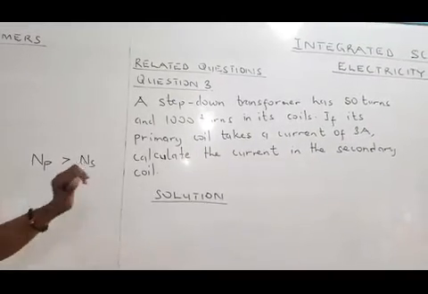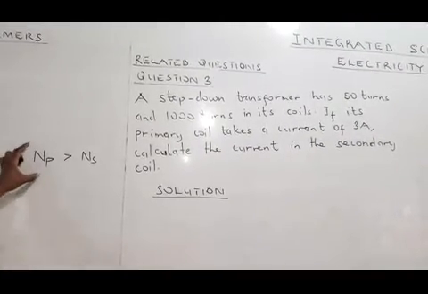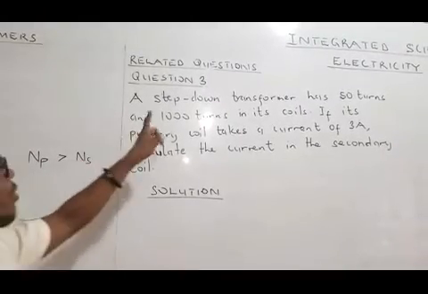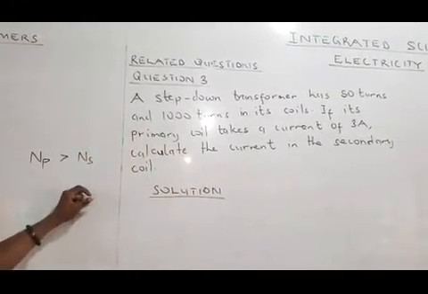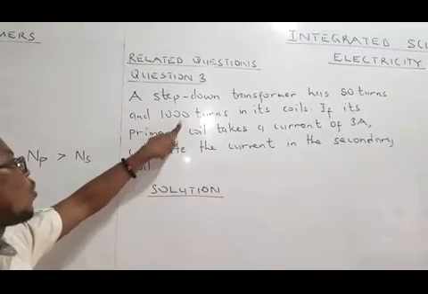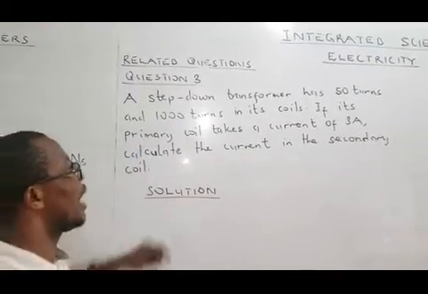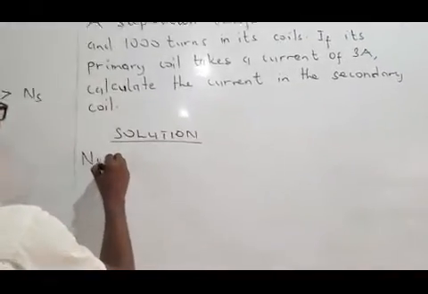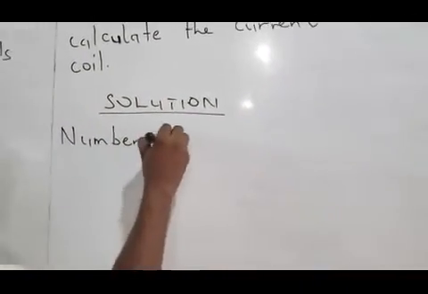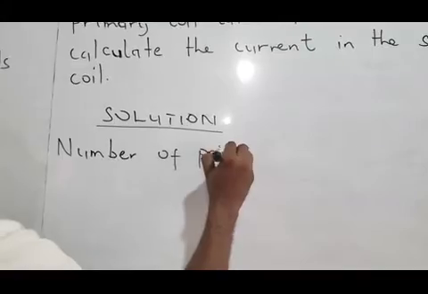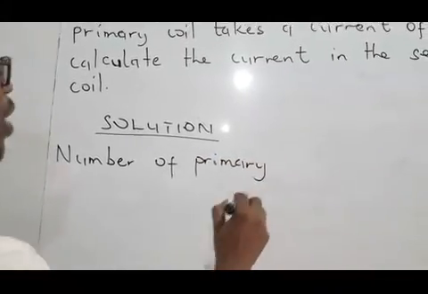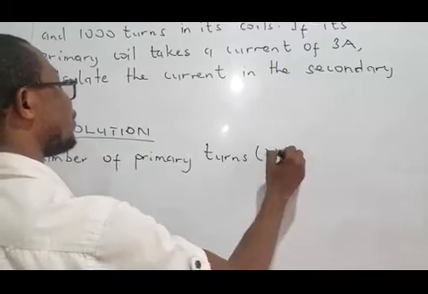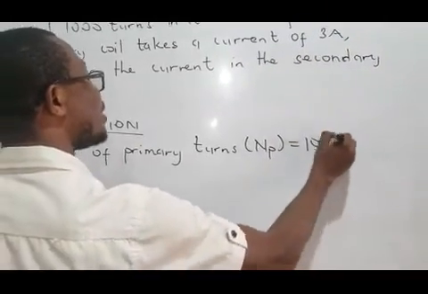Okay, so because you are dealing with a step-down, the primary turns should be greater than the secondary turns. So of the two turns, 1,000 is higher than 50. So this therefore will be the primary turns, and then the 50 will be the secondary turns. So number of primary turns NP is equal to 1,000 turns.